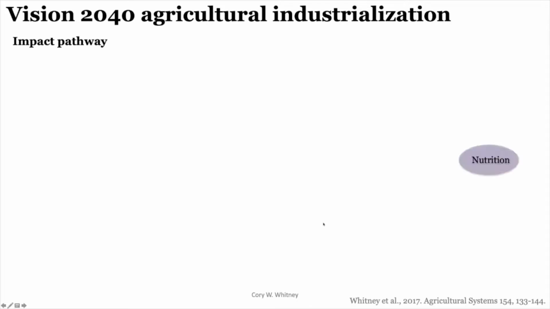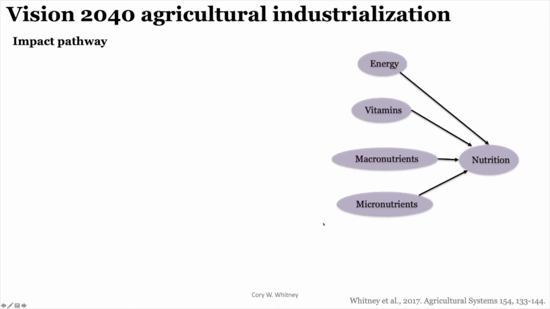So we created an impact pathway with nutrition as the outcome variable, the outcome of interest. This will be comprised of the intake of energy, vitamins, macronutrients, and micronutrients, which will necessarily come from yields, whatever is grown.